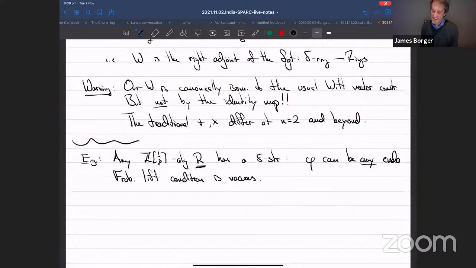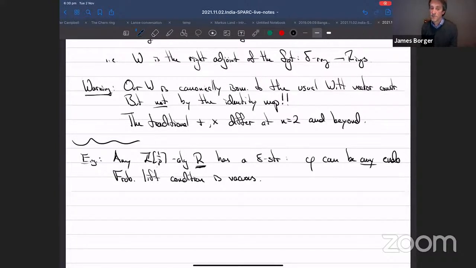this is not a theorem, but at least philosophically, the Frobenius lift won't be an isomorphism. If the Frobenius lift is an isomorphism, then the pth power map modulo p is an isomorphism, which would mean that the ring modulo p would have to be a perfect ring.